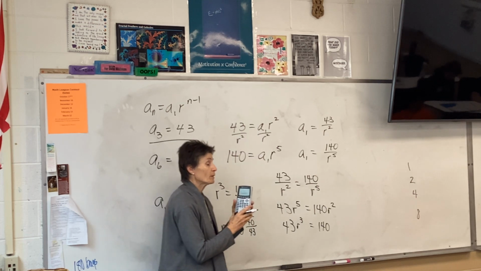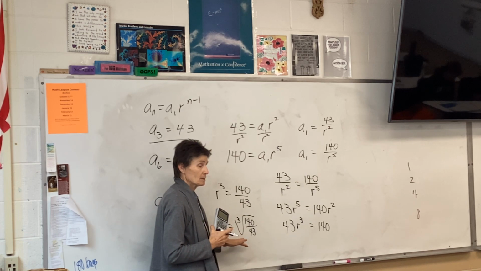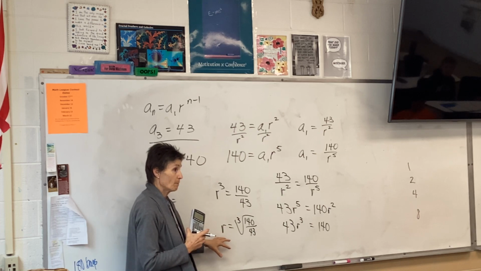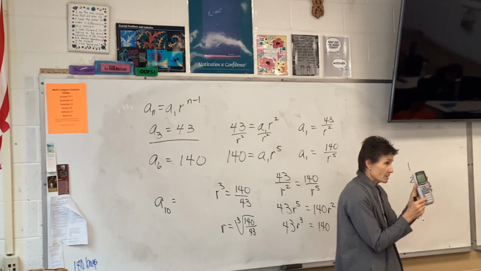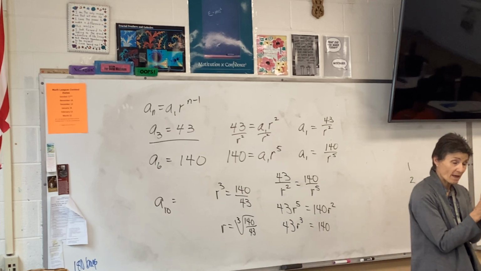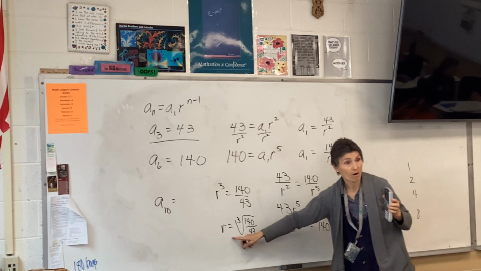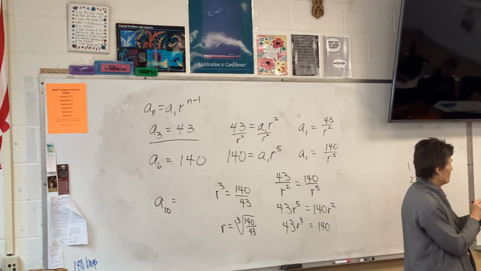All right, so here's what we're gonna do. Because that is not the answer, we're gonna hang on to that number. So we're gonna store that. You got STO here, we're gonna store that. And since it's R, I'm just gonna call it R. So alpha R, where's the R?